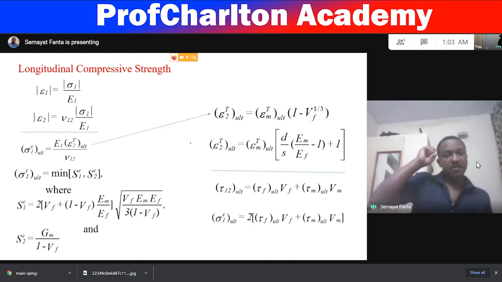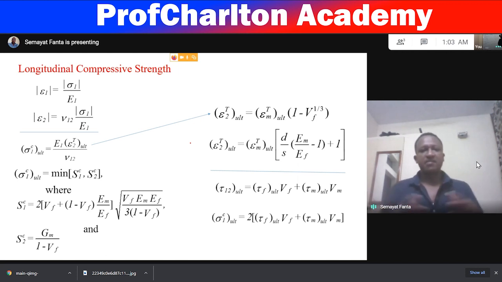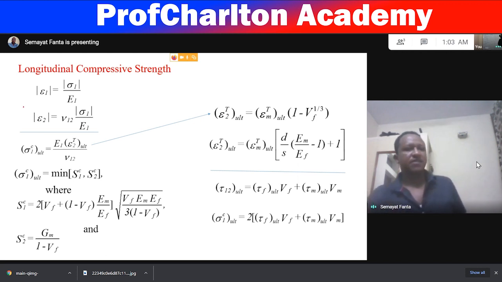So longitudinal compressive strength. Now let's see the compressive strength. When the specimen is subjected to compression, what are the strength parameters? We express them in terms of absolute values.